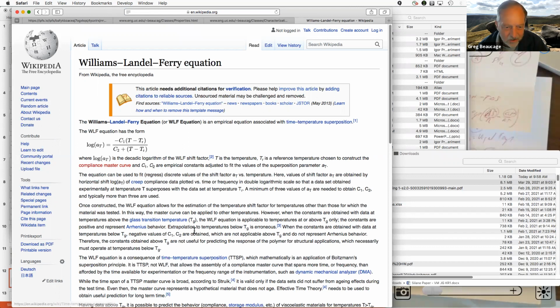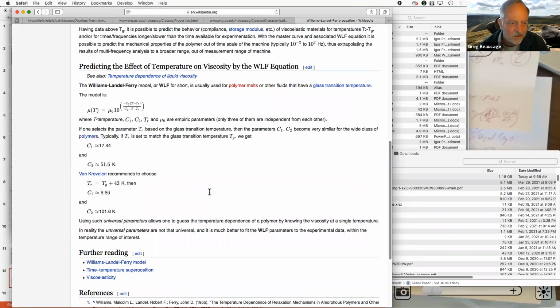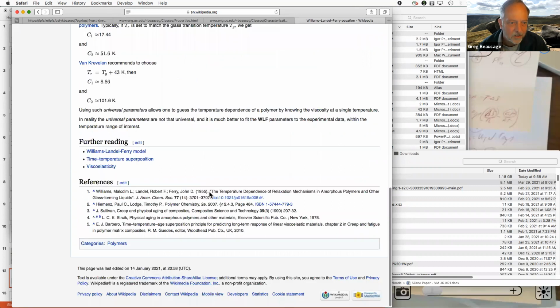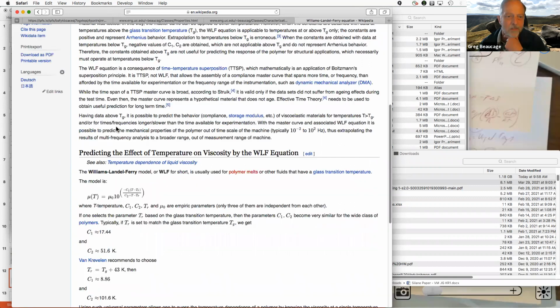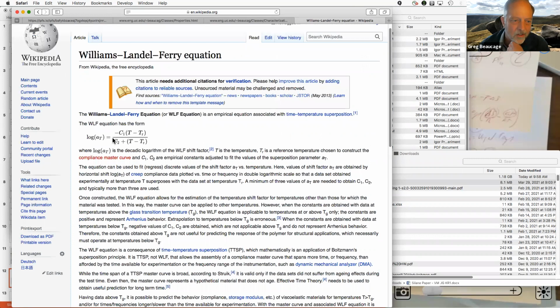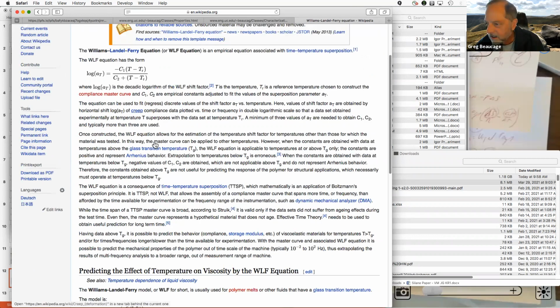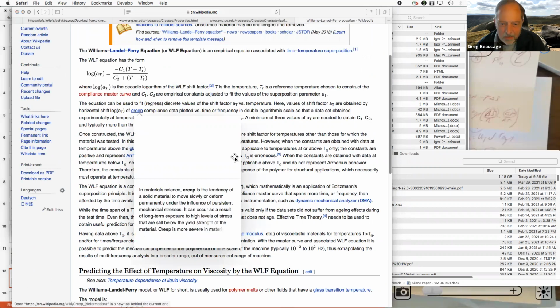Basically, the idea is that's TG or something like TG. And then these C1 and C2 are tabulated for different polymers. You can see them in the Polymer Handbook, or you can look them up other ways. The WLF parameters will give you the shift factor, and that gives you the temperature dependence of the viscosity.